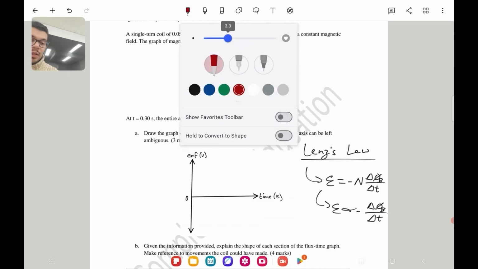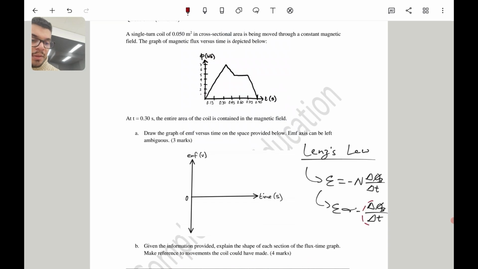Now for those of you guys who are doing methods, you will realize that this term is simply the derivative of the flux time graph. So you can think of that as the derivative or just the gradient of the graph. If you're not doing math methods, it's perfectly fine. This fraction is just the gradient of the flux time graph.